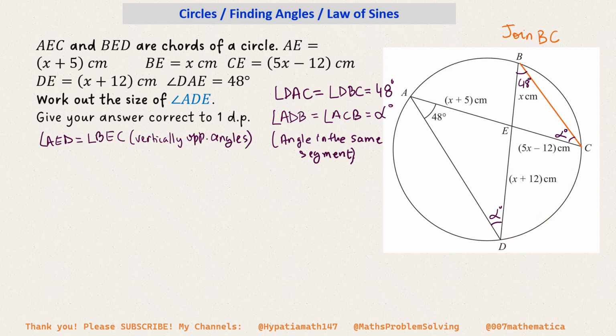Okay, so next we have angle AED is equal to angle BEC, vertically opposite angles. Triangle AED, that's this triangle, is similar to this triangle, and since they are similar, we can apply the property. So you have to be a bit careful about which sides are proportional.